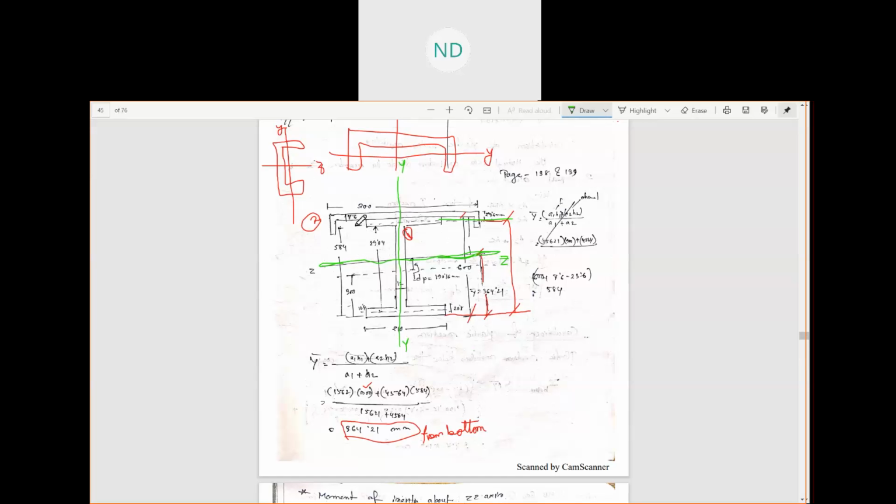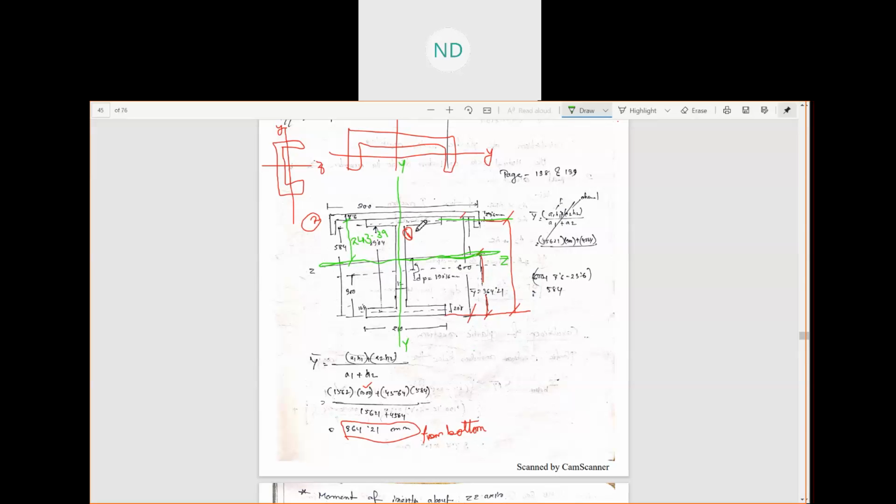So this distance is the total 600 minus 364.21, and we will get 243.39.